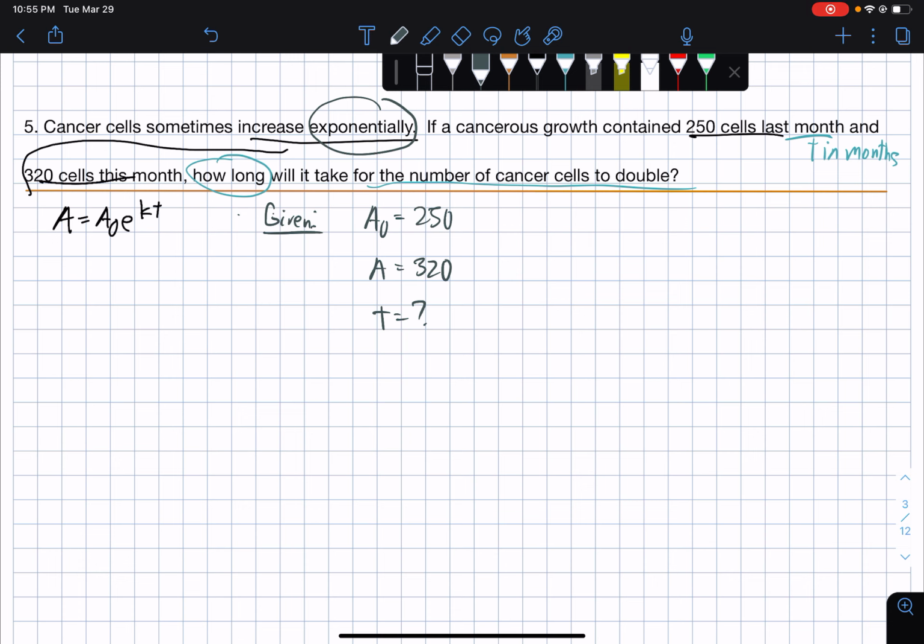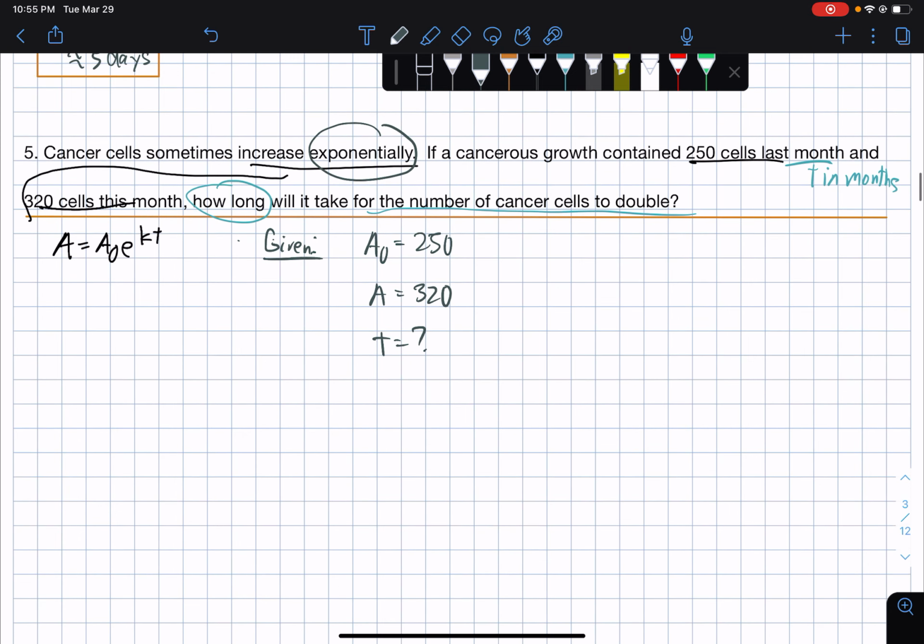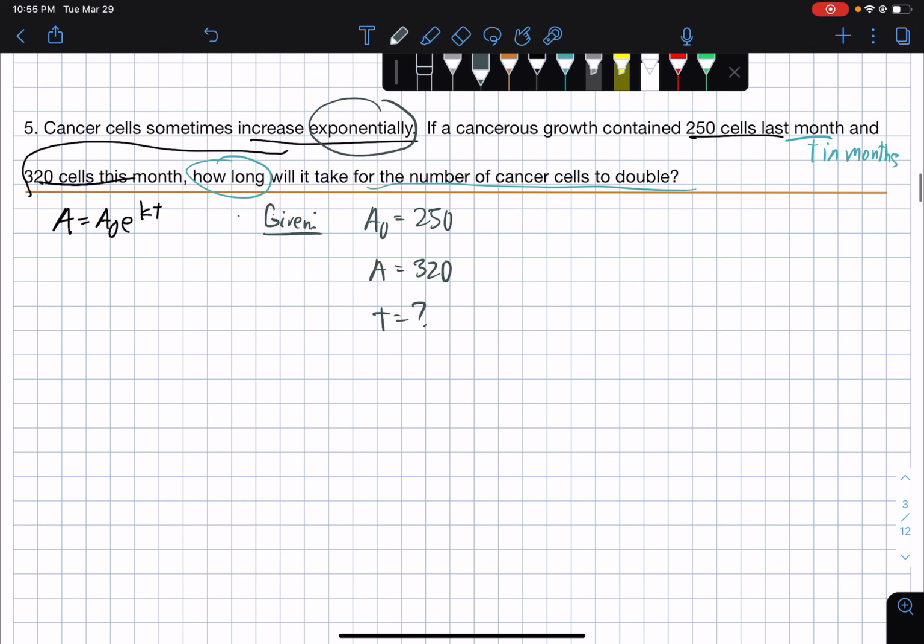Alright, this question honestly is quite confusing. I can see that anyone who may have encountered this question for the first time, it could be difficult. But the problem states a clue that t is 1 month. t is in months.